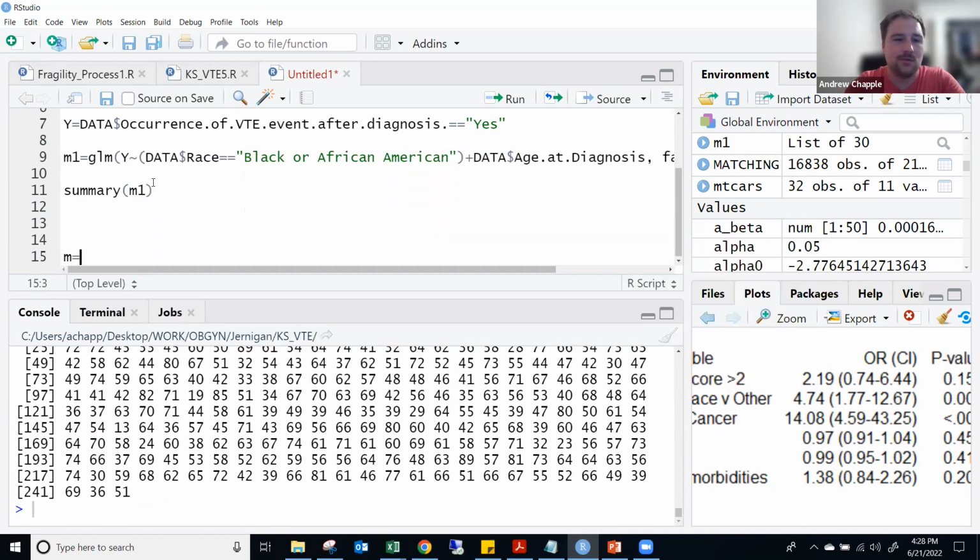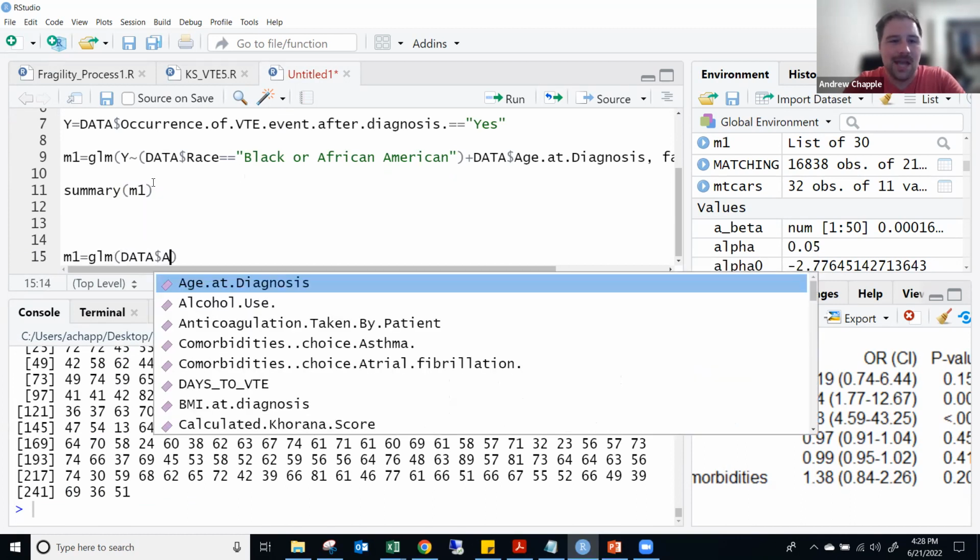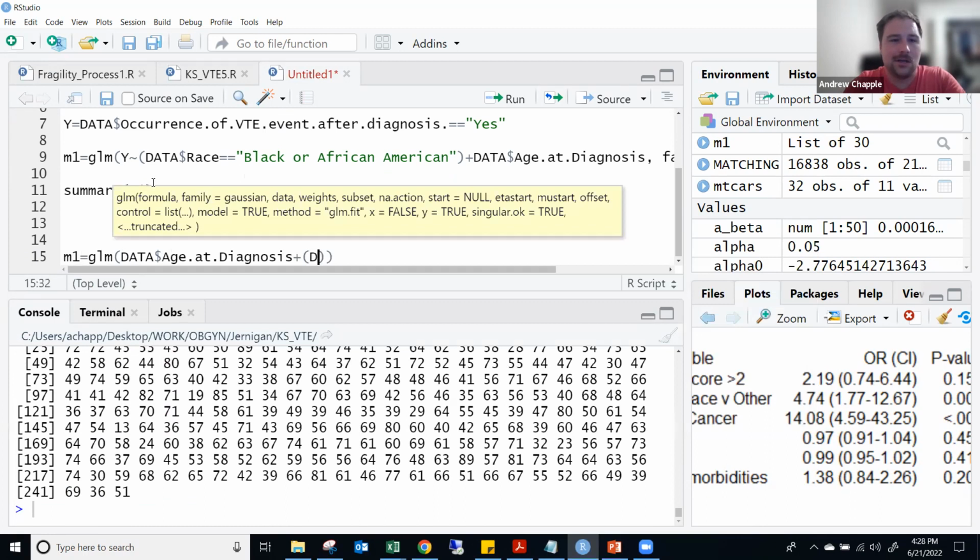I could say M1 equals GLM. Let's do it in the opposite way. I want to predict age as a function of their race, Black or African American. And I also want to add, just as an example to finish this out, my Y here.